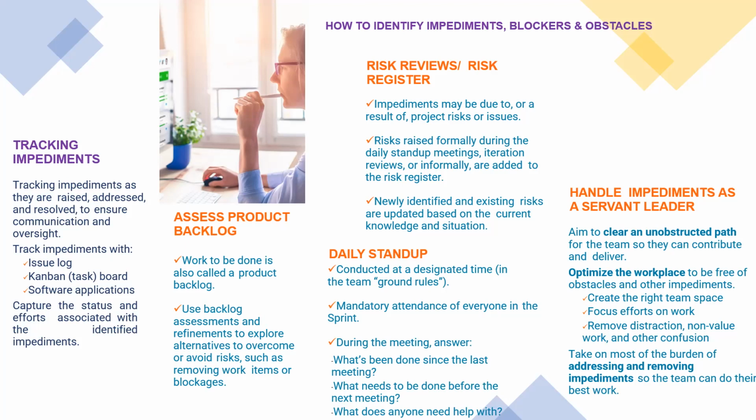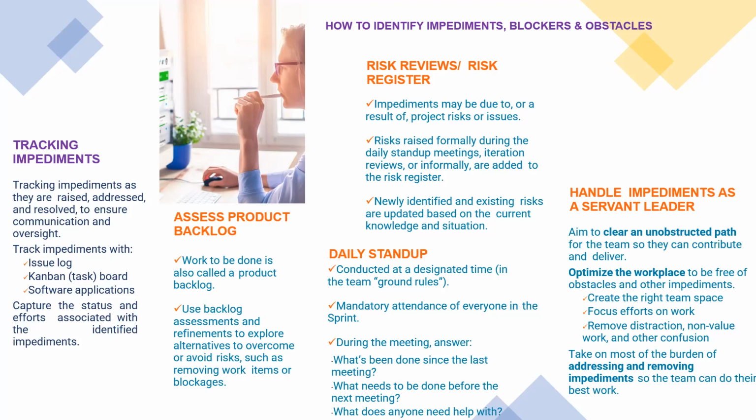And then the third one is what? Retrospection. Amazing. Now, one of the things you need to remember is that during the daily stand-up, people talk about their problems. So they say what they did yesterday, what they are going to be doing today, and then the current challenges that they have. Are you there?